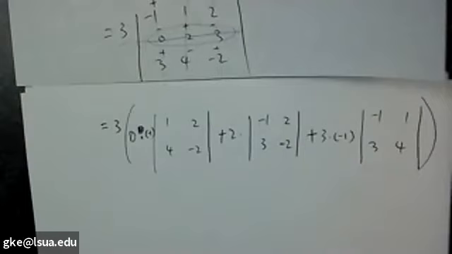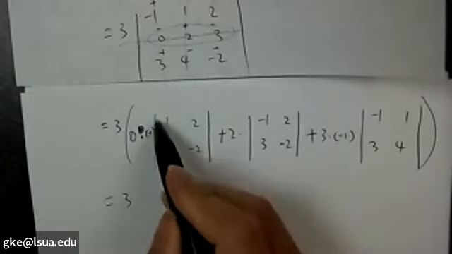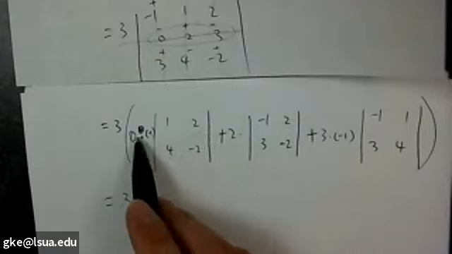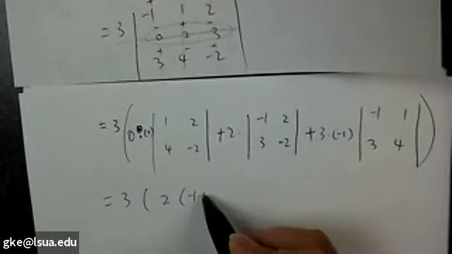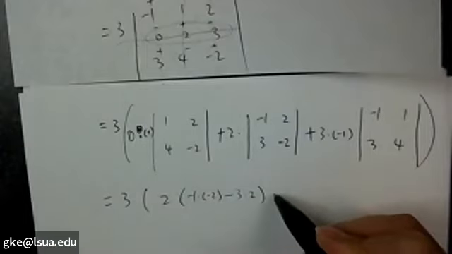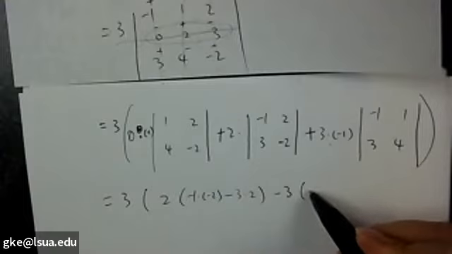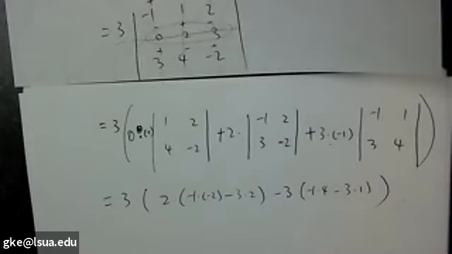Okay, that's it. Right? Now we can simplify it. After you get this one, it should be very straightforward. So the first term is 0, right? 0 times everything is 0. The second term is negative 1 times negative 2, subtract 3 times 2. Third one is negative 1 times 4 minus 3 times 1. Right?